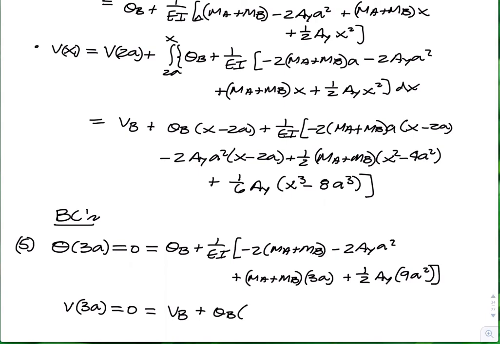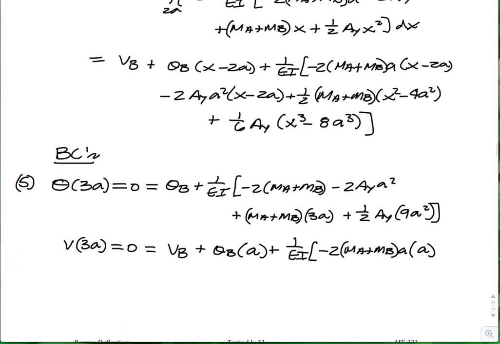Theta b, this is going to be 3a minus 2a, so that's just a, plus 1 over EI minus 2 MA plus MB a times x minus 2a, that's a, minus 2AY a squared, there's going to be an a there, plus 1/2 MA plus MB x squared, so that's going to be 9a squared minus 4a squared.